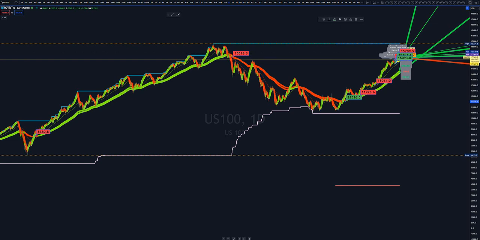So you see that it worked very well, and we are here at around 15,567 now. It's 11:49 on the 25th of July 2023. So you can use it on any chart, right?